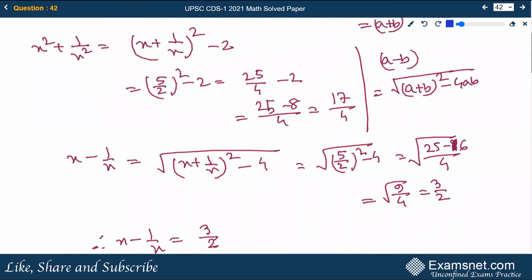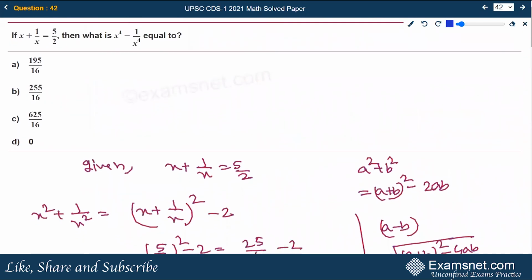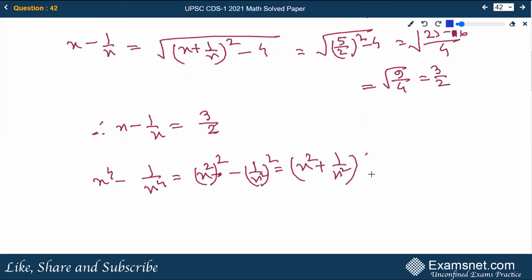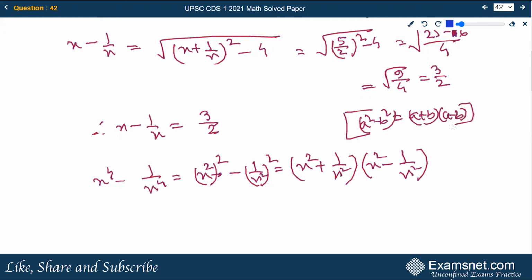Now we are required to find the value of x to the power 4 minus 1 by x to the power 4. So I can write it as x square minus 1 by x square, plus and then minus x square... So (x square minus 1 by x square)(x square plus 1 by x square). With the help of the formula a square minus b square, (a plus b)(a minus b), I can simplify it further: (x plus 1 by x)(x minus 1 by x).